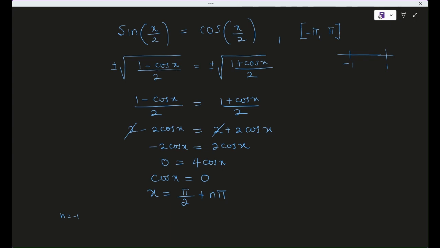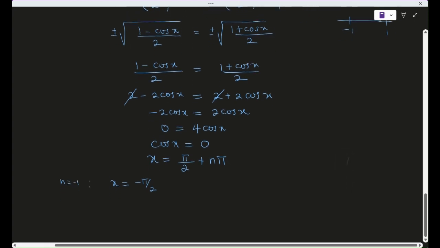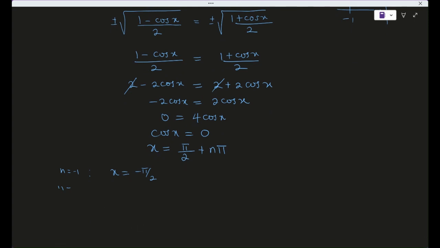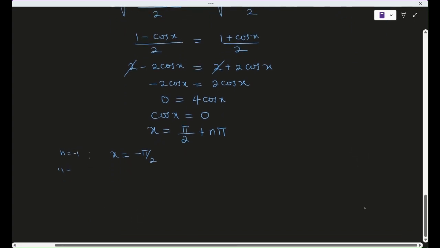So let's see. If n is equal to minus 1, what is x? X is going to be pi over 2 minus pi, so you have minus pi over 2. And if n is 0, what is x?